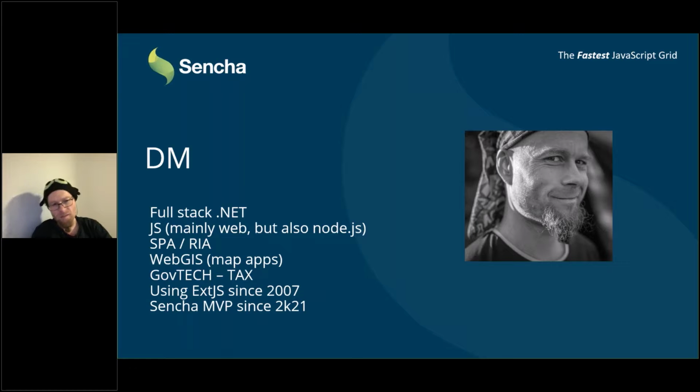GIS is Geographic Information Systems, so WebGIS is pretty much map-based web applications. I now do a lot in GovTech, especially in taxes, but maps are still kind of my hobby. So I think that will do for the introduction. Let's jump into the actual examples.